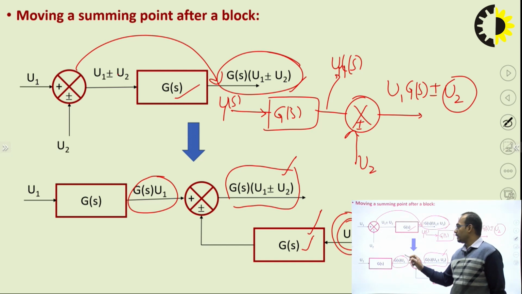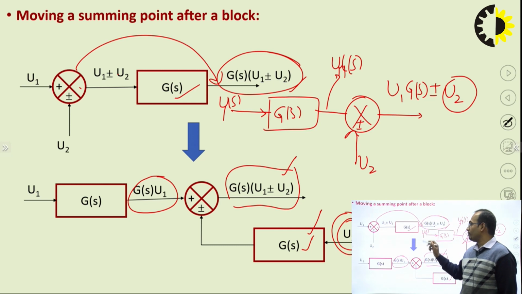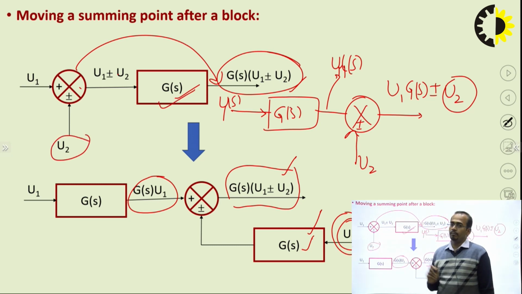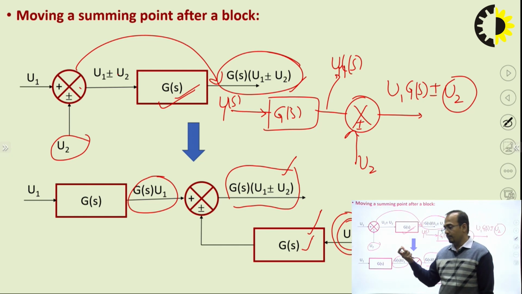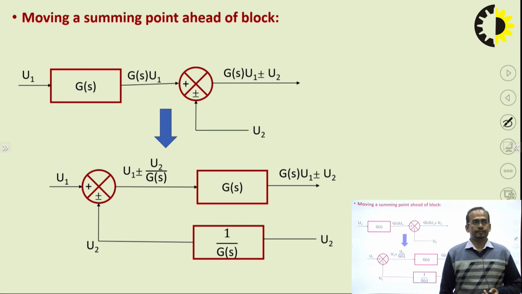I mean to say, when I move this summing point after the block, we will multiply this input by the gain of the block, and then we will get the same output.